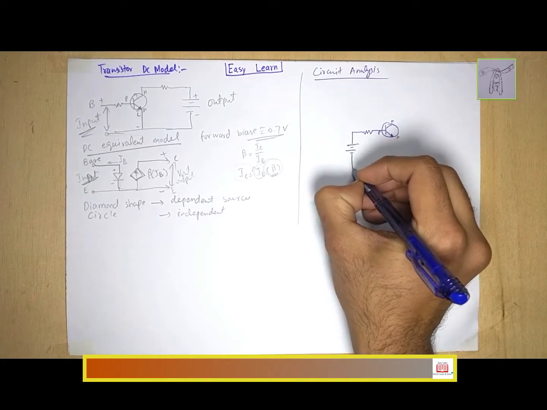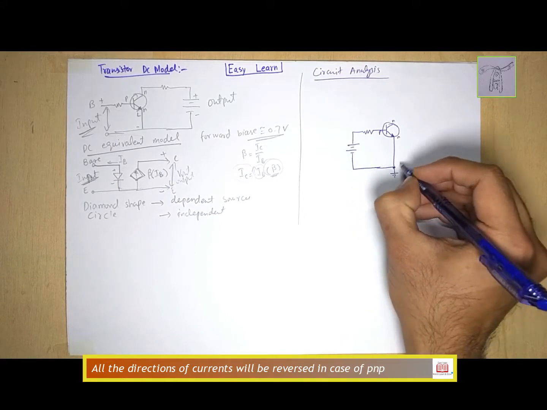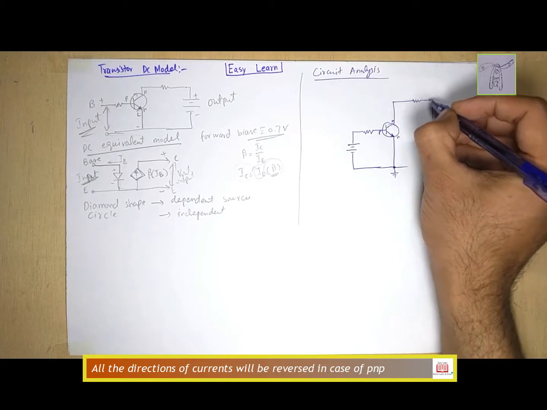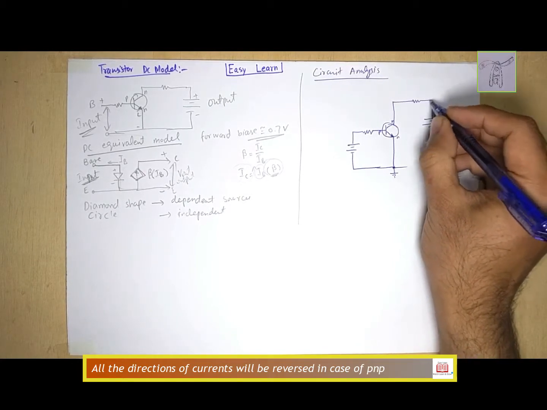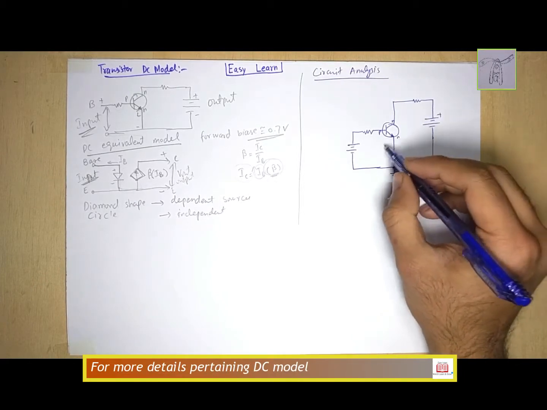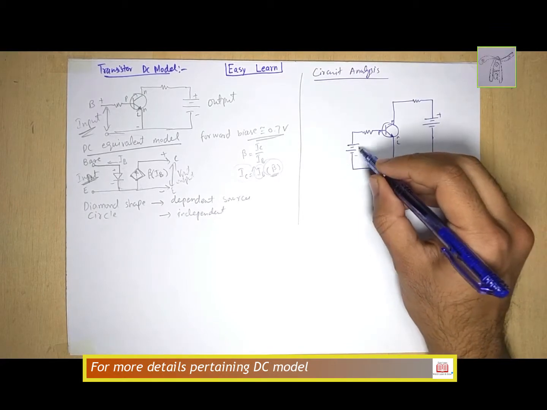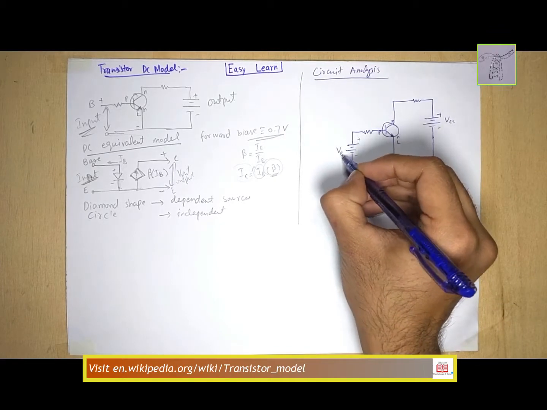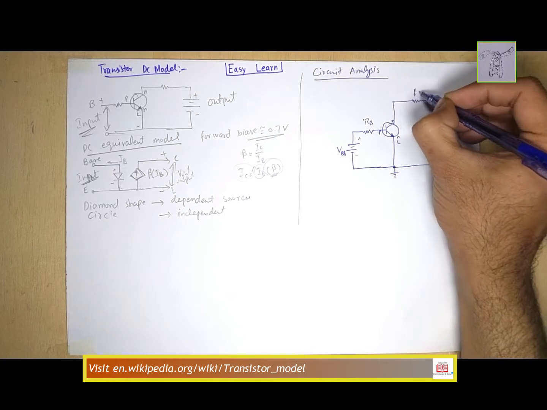This is the pattern to connect the NPN transistor. I'm grounding this, and here I'm using a limiting resistance at the collector terminal, and once again the positive side is connected with this, and the negative is connected to the common of both sides of the emitter. This is the VCC and this is VBB, and this is RB and this is RC.